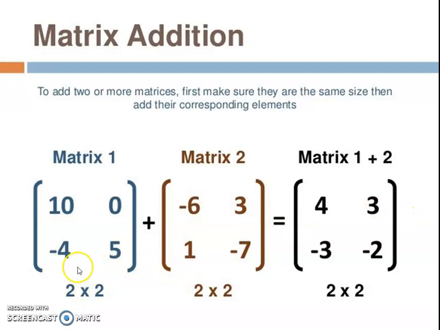Minus 4 plus 1 gives the answer minus 3. 5 minus 7, what answer do we derive? The bigger is 7 with the minus sign, so 5 minus 7 is minus 2. So we derive the final answer of this 2 by 2 order matrix.